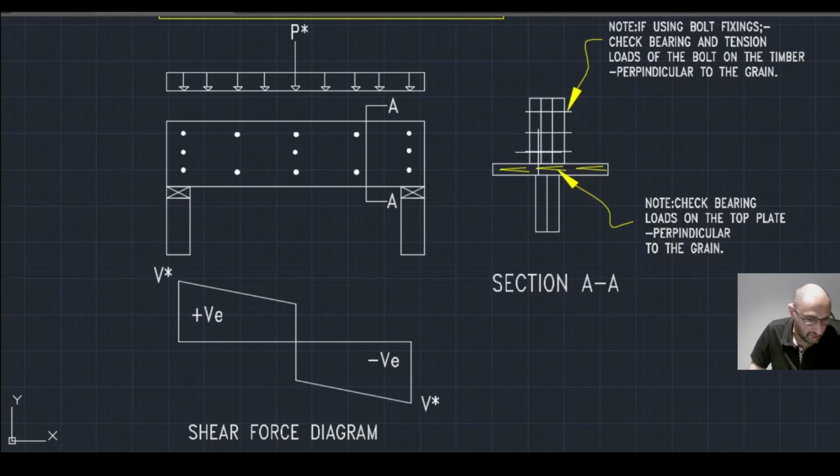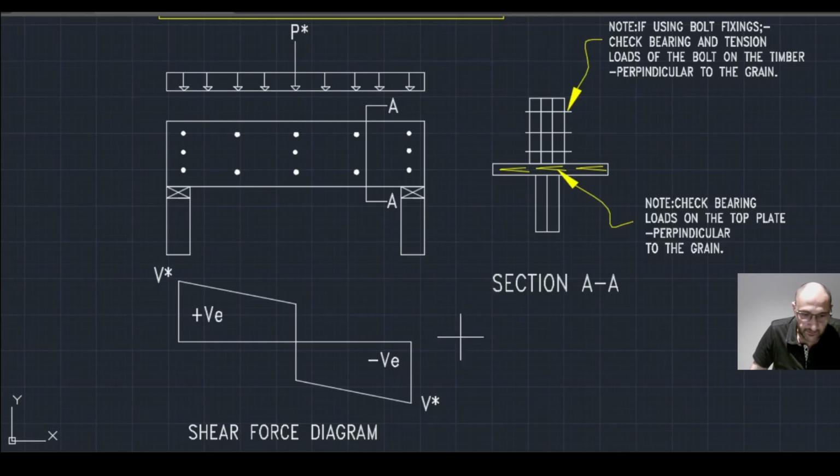In fact, almost every timber beam is weak when we have a force perpendicular to the grain. So we would need to check the bearing of the bolt on the timber perpendicular to the grain, as well as tension perpendicular to the grain. For this reason, sometimes using screws is a much better alternative. I guess I went off topic in this case, so we might discuss this in a different presentation.